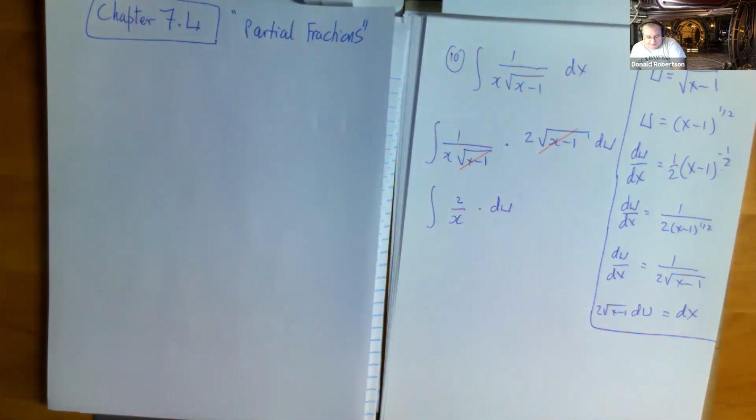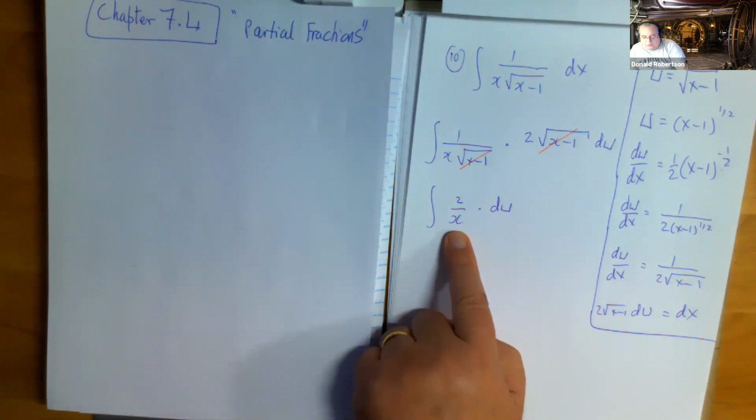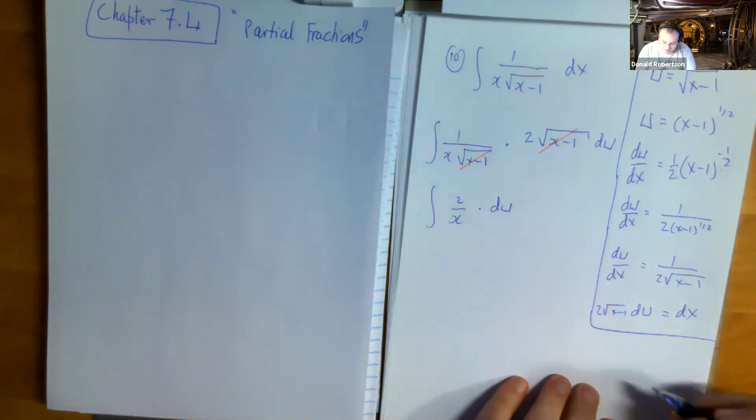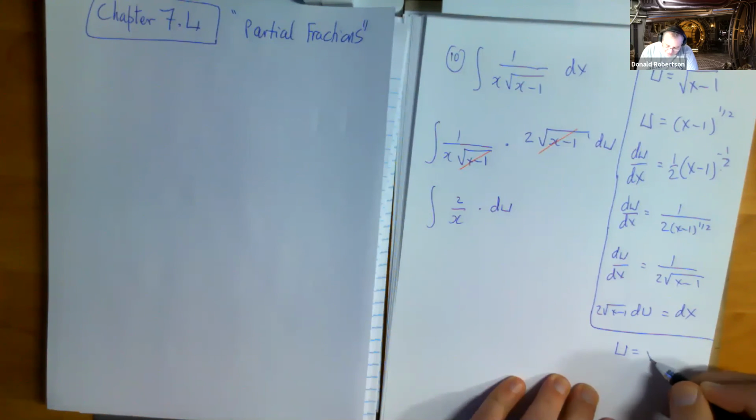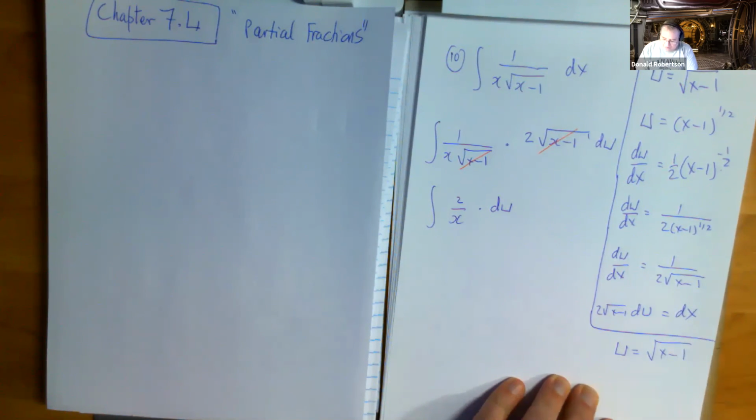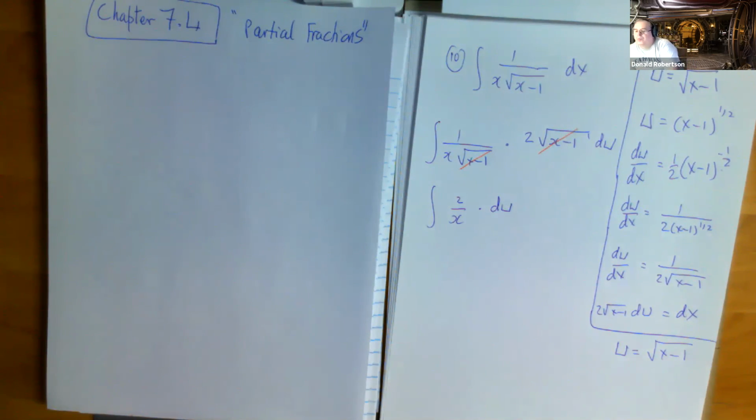Oh, darn it. We have an x left over. Nothing wrong with that. That's what's going to happen. But it is a problem, isn't it? Because you can't have x's. Don't we have to figure out some way of turning that x into an expression with u?